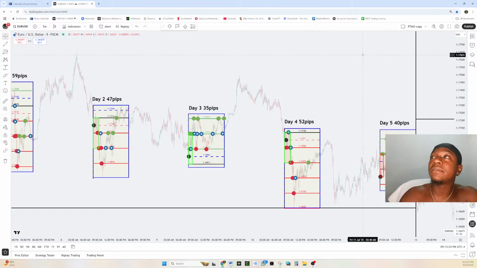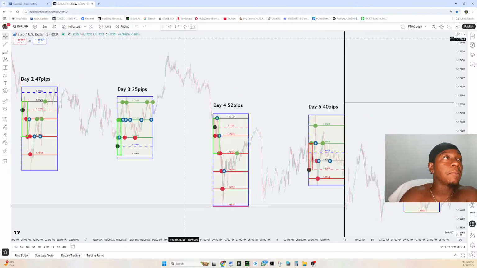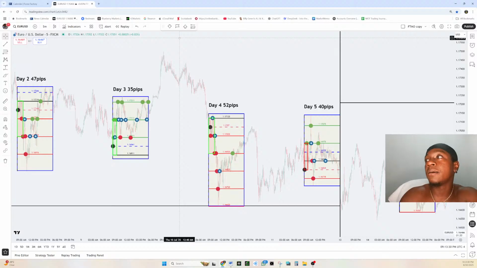In the meantime, in the back of my head I'm also going to be trying to figure out how I'm going to trade this week's price activity, because we do have CPI and PPI Tuesday and Thursday. Outside of NFP, those are going to be some of the most volatile trading news events within the month.